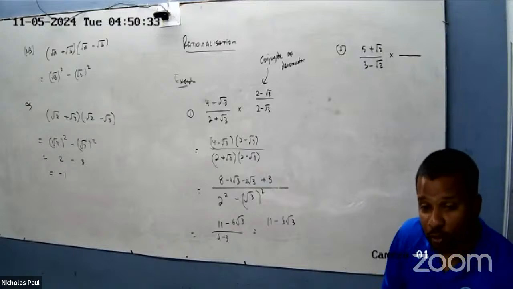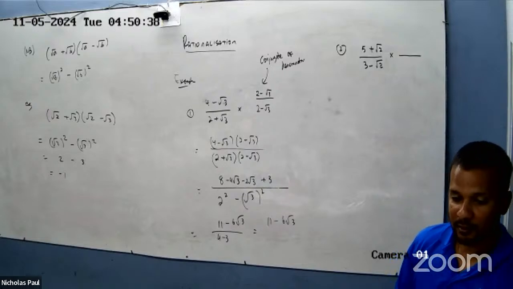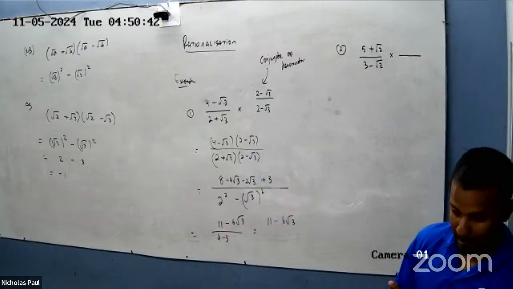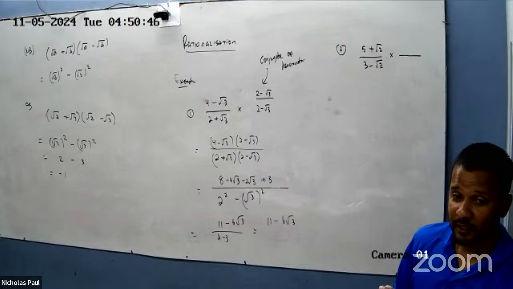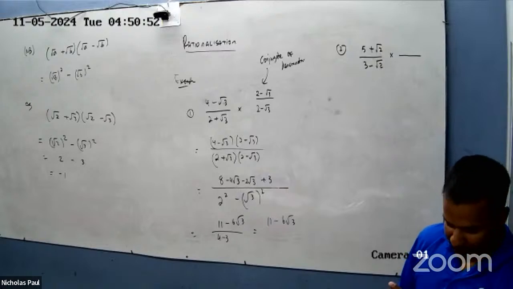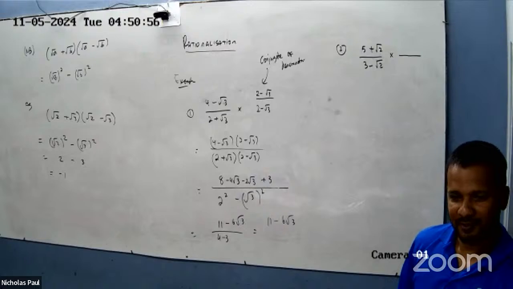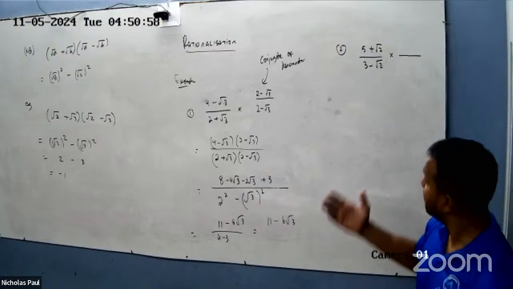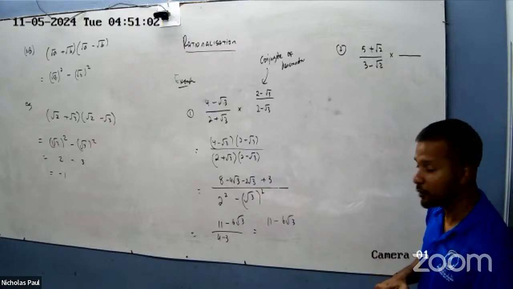Check back the note on the conjugate, Emmanuel. Check back the note on the conjugate. What it says. Are you getting conjugate? So 3 minus root 2 becomes what? What's so hard there, Emmanuel?